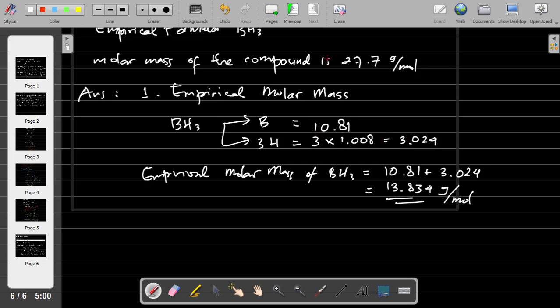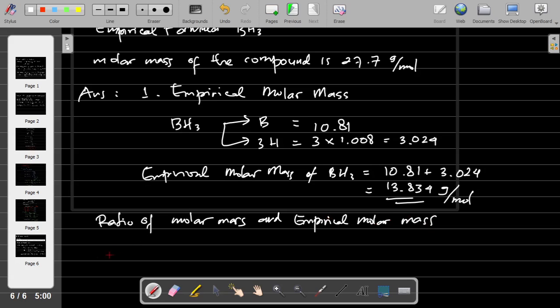Now if we want to find the molecular formula, we have to make a comparison. We make the ratio of the molar mass and the empirical molar mass.